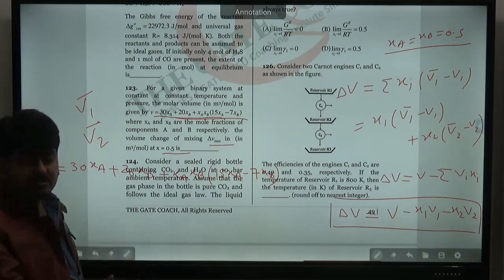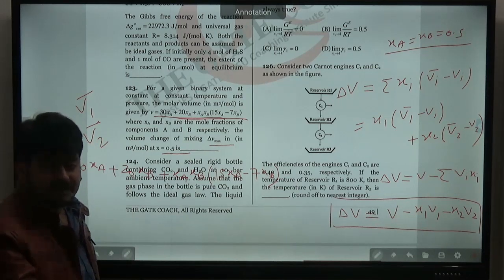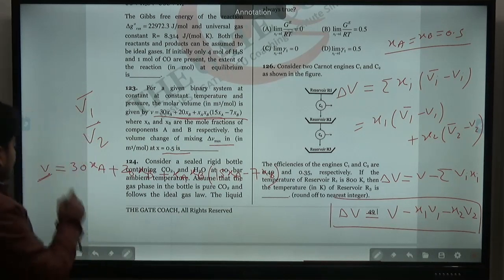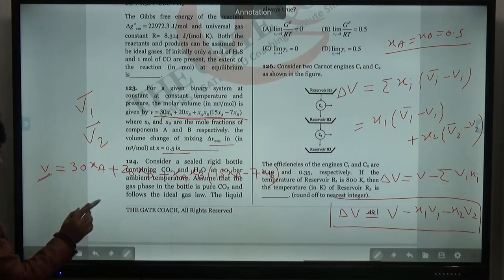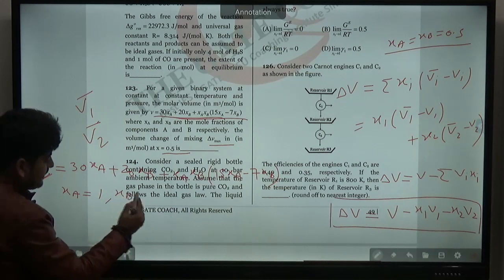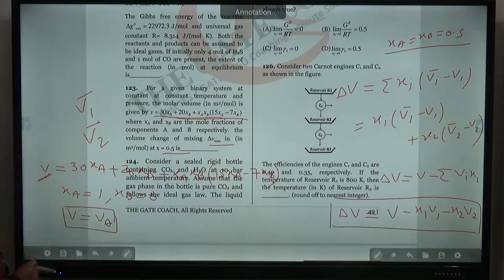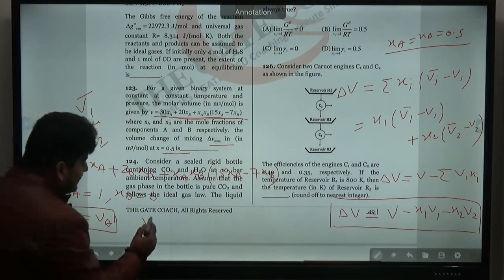So this total molar volume of the solution will be based on the contribution of A and B. Here in this molar volume, if you put XA equal to 1, that means XB will be 0. So this V will be equal to VA, that is the molar volume of component A. That you can check anytime.